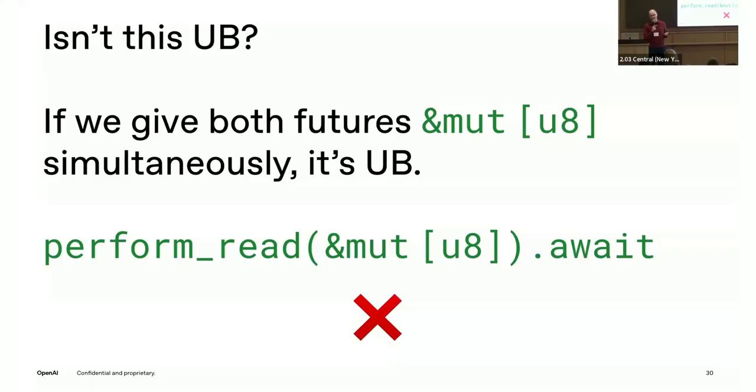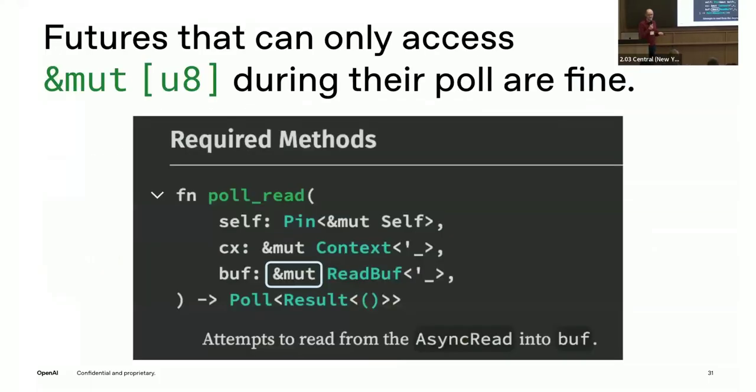Okay, so I guess don't do this. Instead, what we're going to need to do is figure out a way to only give futures the mutable slice while they're being polled, and then when they're not being polled, just take it away so that they can't have it, and then we give it to the other future, and then it can get polled, and it can do its own thing, and then we just flip-flop between them. Okay, wonderfully, Tokio's AsyncRead has a method for exactly this.